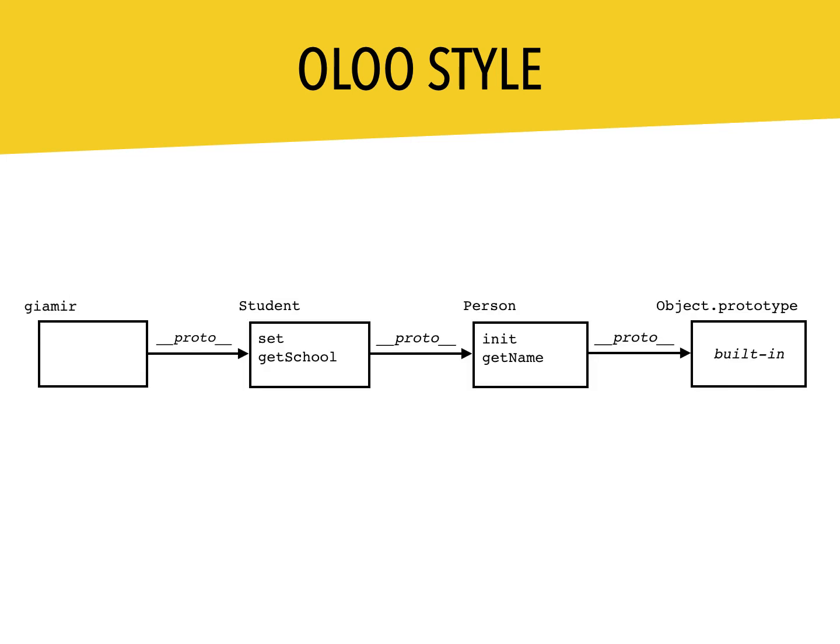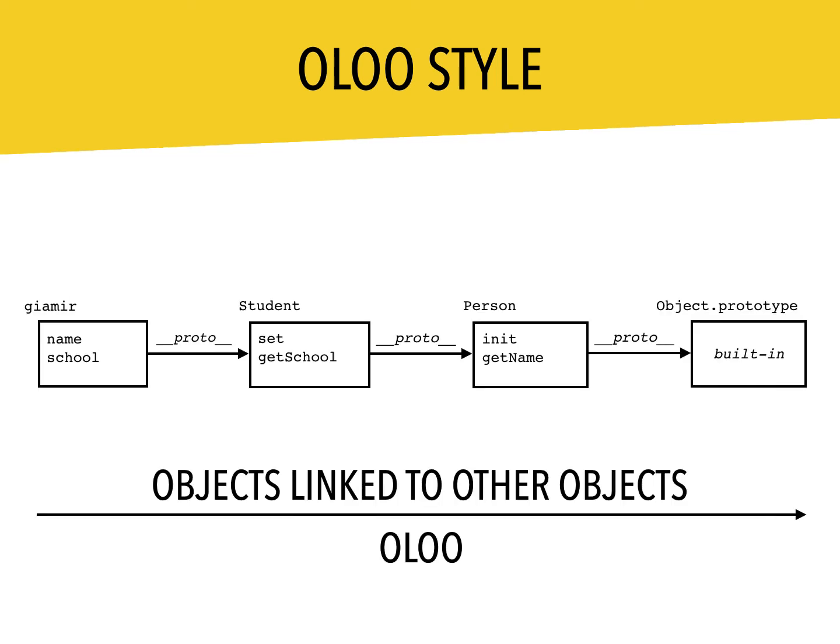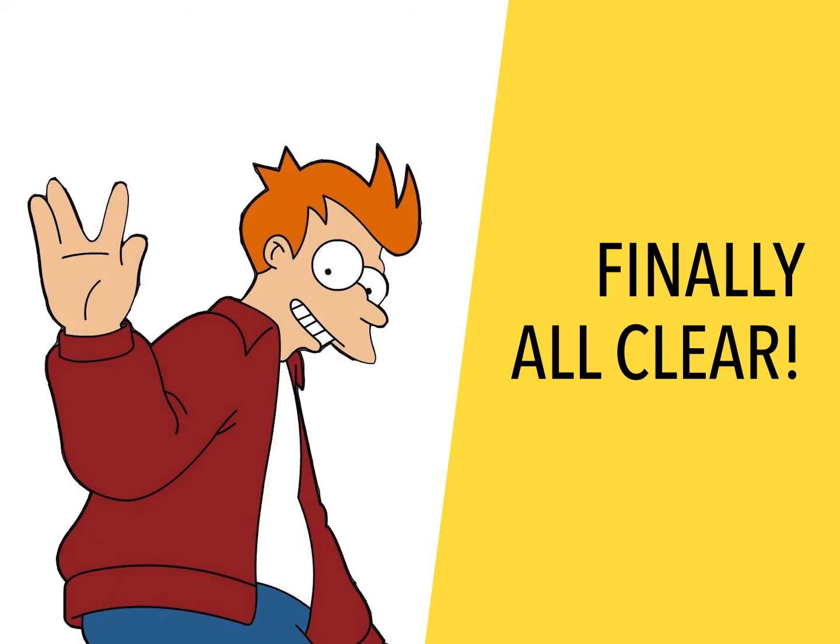So now we're here, and I can show you that Jamir can use the set method of student to set his property name and his property school. There we go. So this is all. These are objects linked to other objects. Look how clean the mental map is compared to the prototypal inheritance one. So finally all clear, maybe.